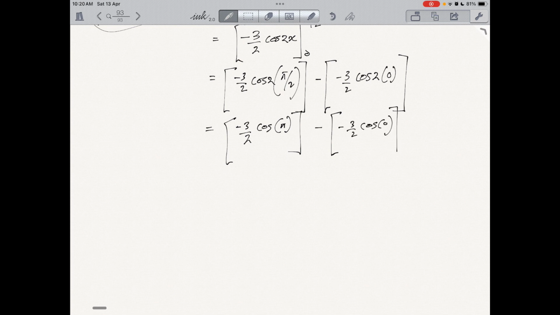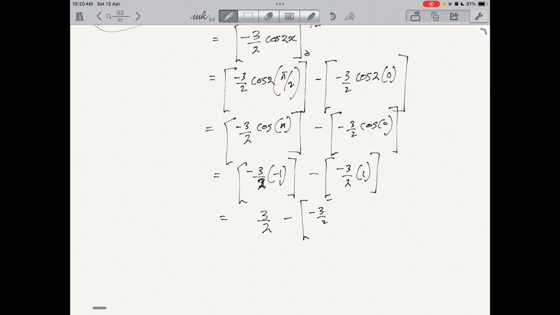Now cos pi is minus 1. That's minus 3 over 2 into minus 1. And cos 0 is 1. So simplifying further, we have this to give us 3 over 2 minus, into minus 3 over 2. Therefore, this will give us 3 over 2 plus 3 over 2, and that will give us 3.